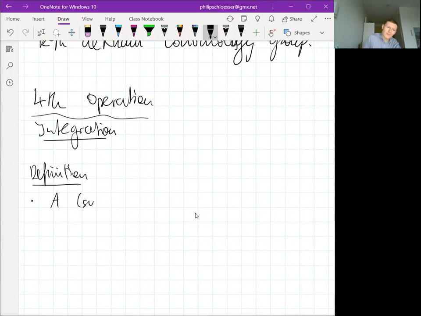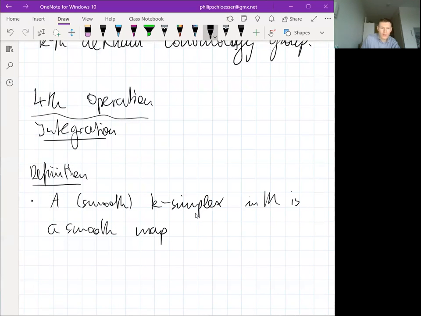A smooth k-simplex in M is a smooth map σ from the k-simplex to M.